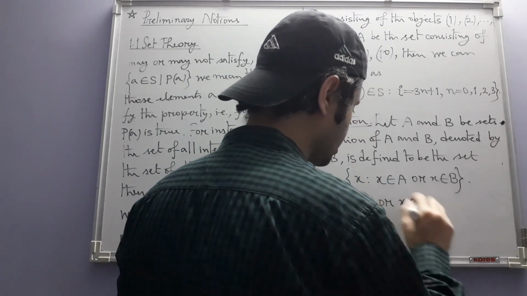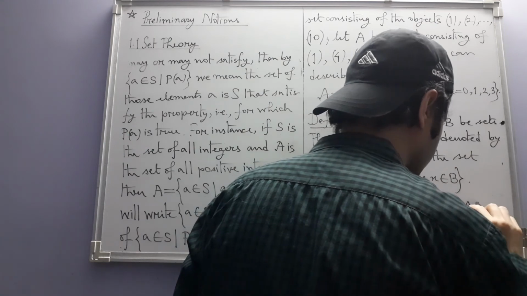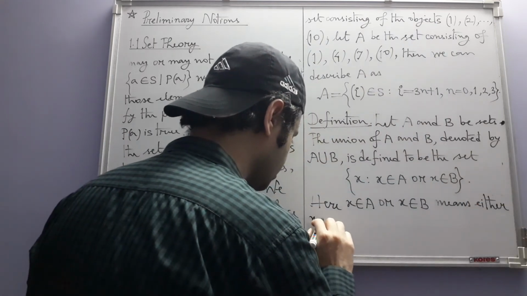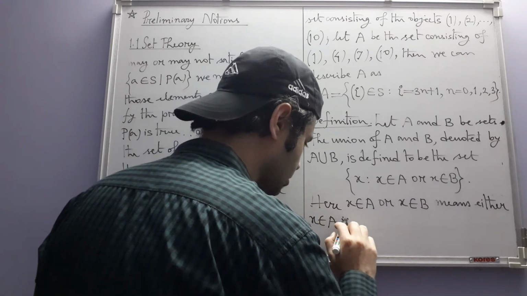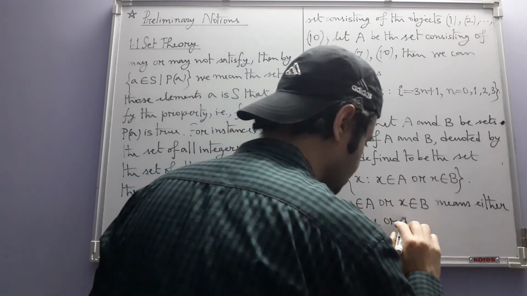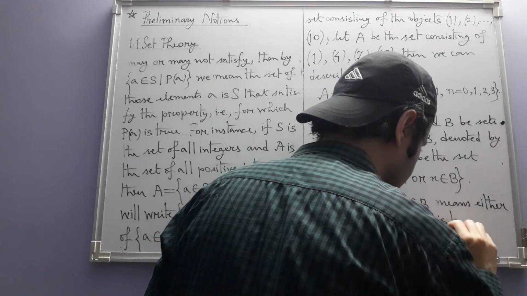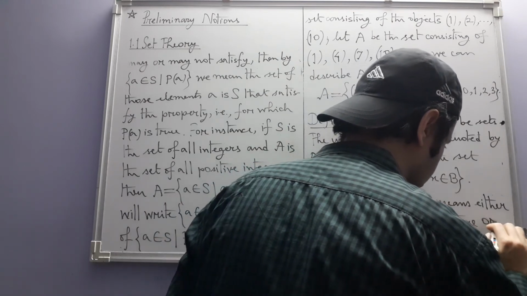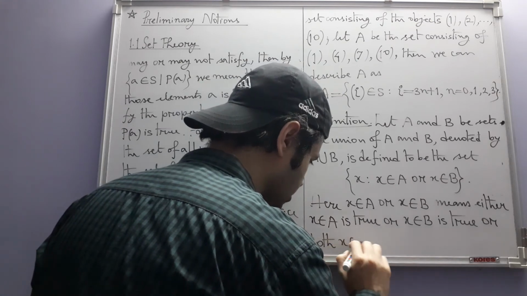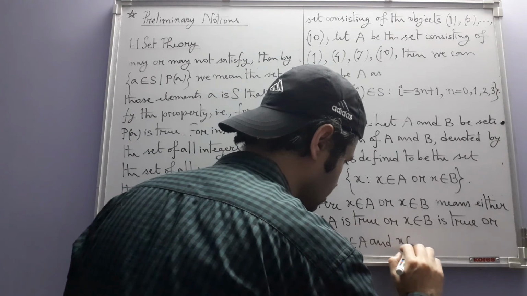Here x belongs to A or x belongs to B means either x belonging to A is true, or x belonging to B is true, or both x belonging to A and x belonging to B are simultaneously true.